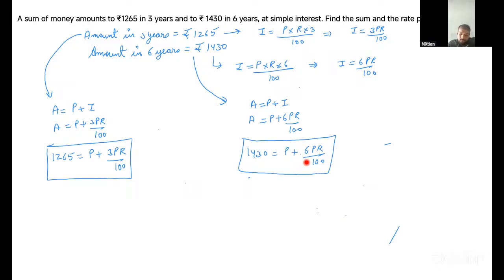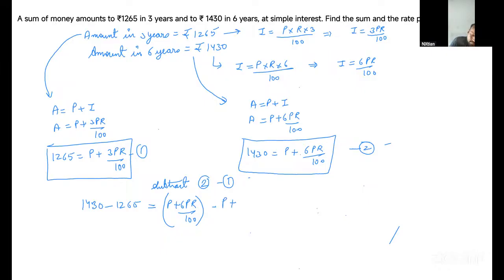Here is the coordinate equation. Interest for 3 years is 165.